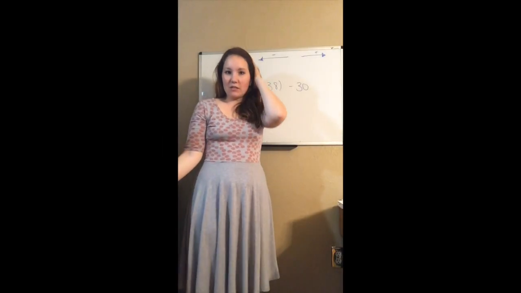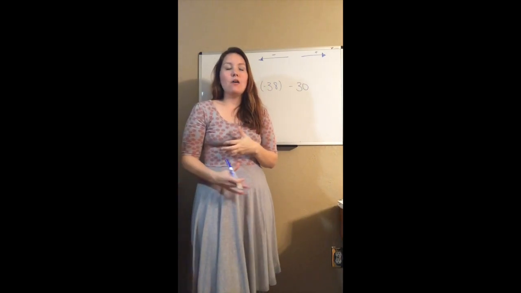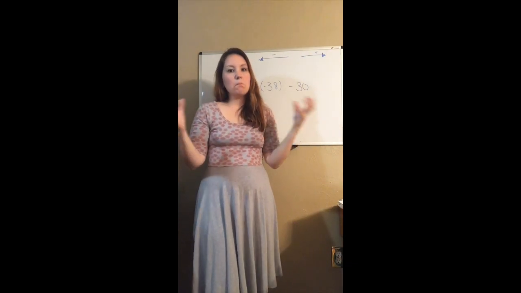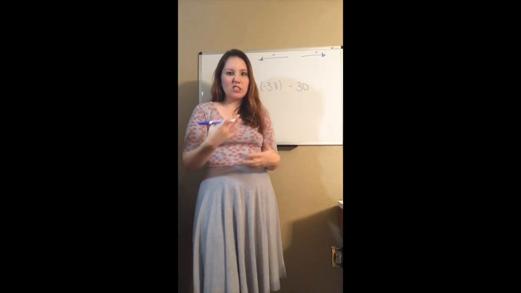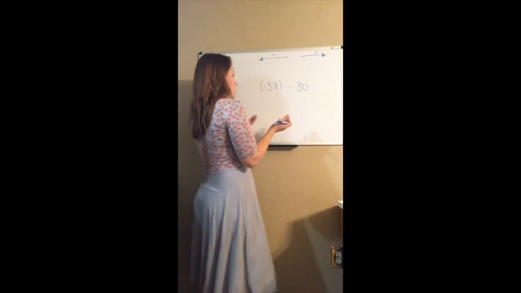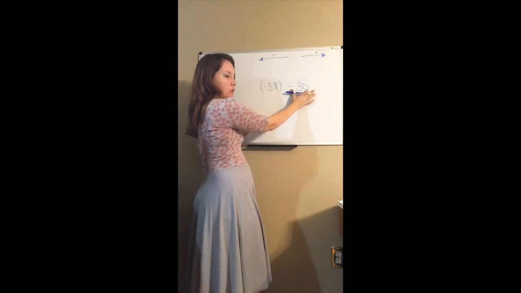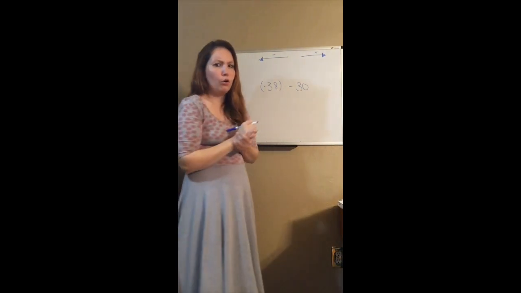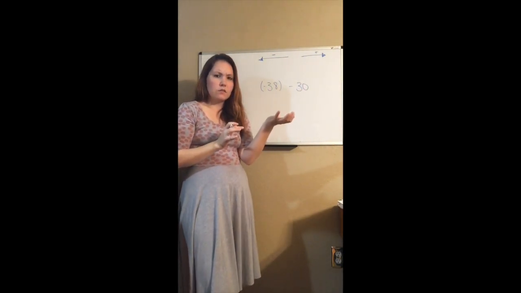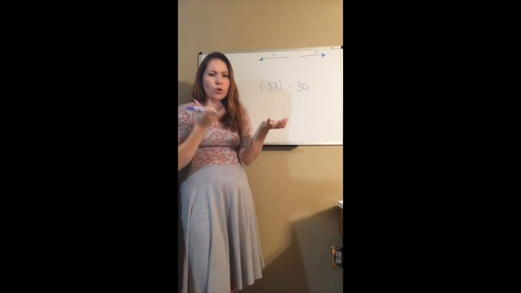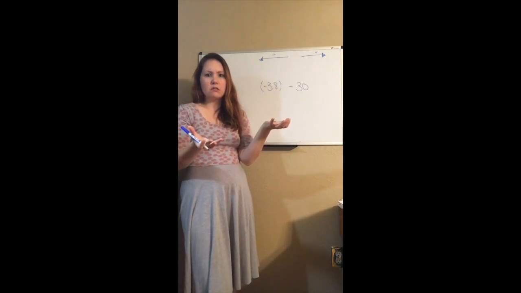We had some time to do this one. So again, thinking about we have negative numbers, positive numbers, we're combining them. How do we do that? So we have negative 38, negative 30. Okay, so we have negatives and more negatives. When I say more negatives, what are we doing?